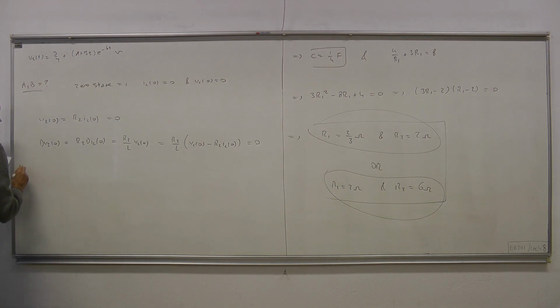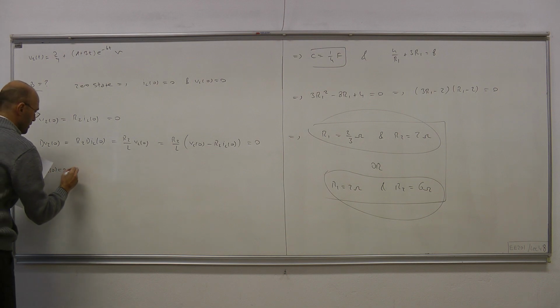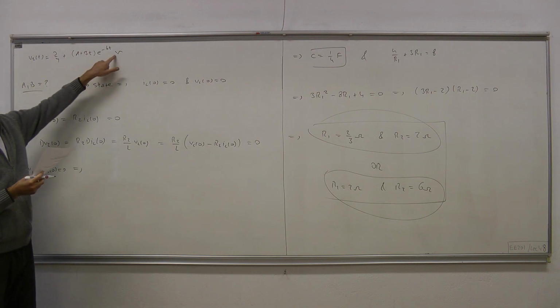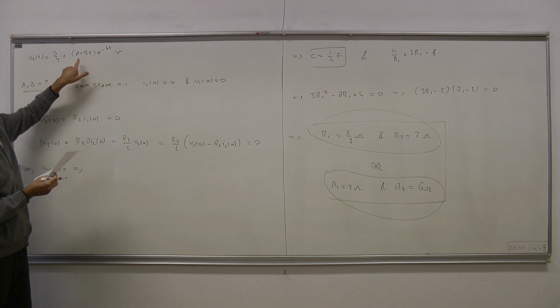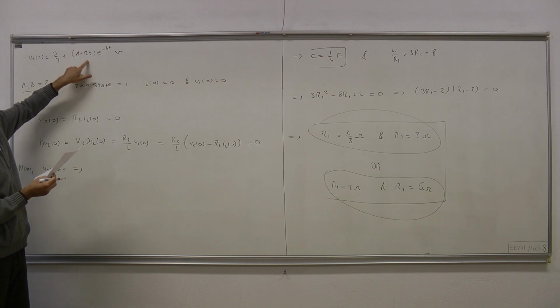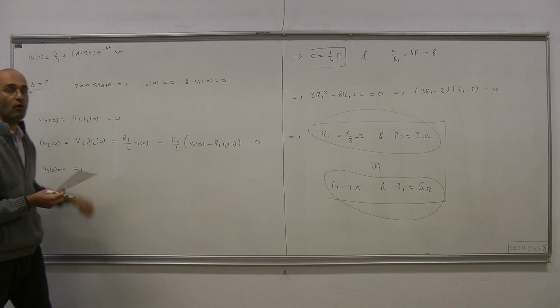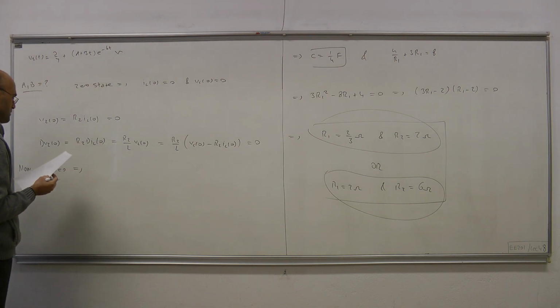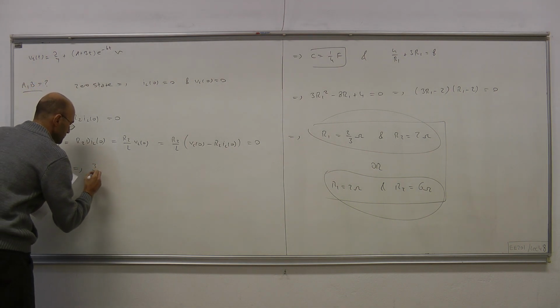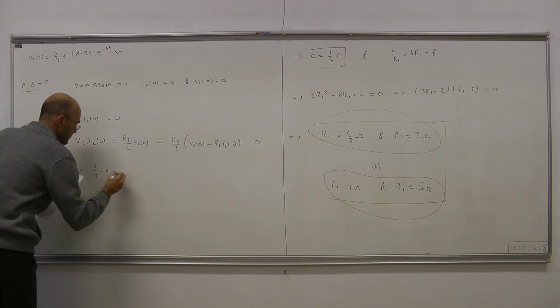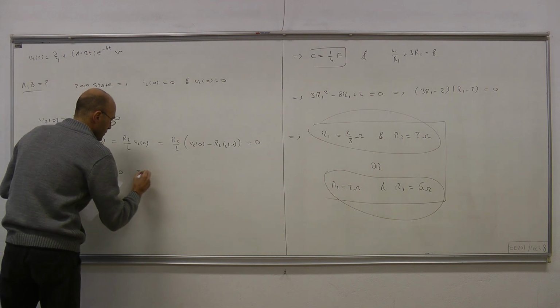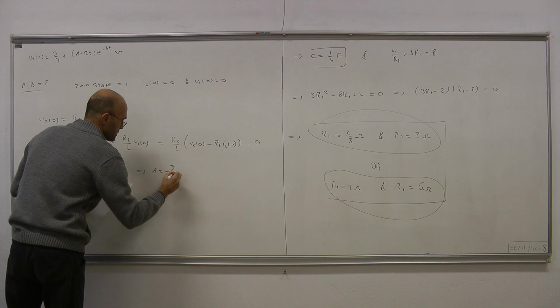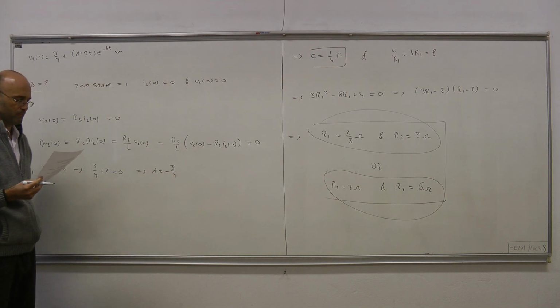Now, V2(0) equals 0 implies plugging t equals 0. What we have is this term disappears, the Bt term. What we have is A here, this is 1 and this is 3 over 4. A plus 3 over 4 equals 0, and that gives us A. Okay, so A must be minus 3 over 4.